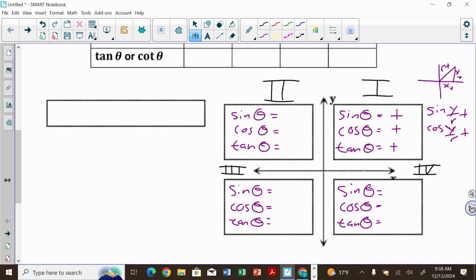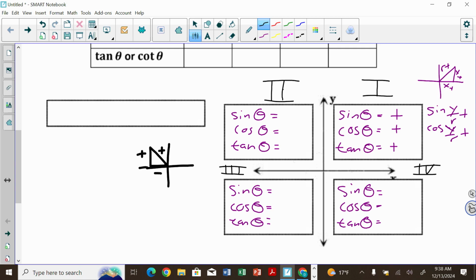Think about it the other way. If we look at the next quadrant, quadrant 2, I've got my x going this way, my y going this way, and my r. I know my r is positive, my y is positive because it goes up, but my x is going to be negative.